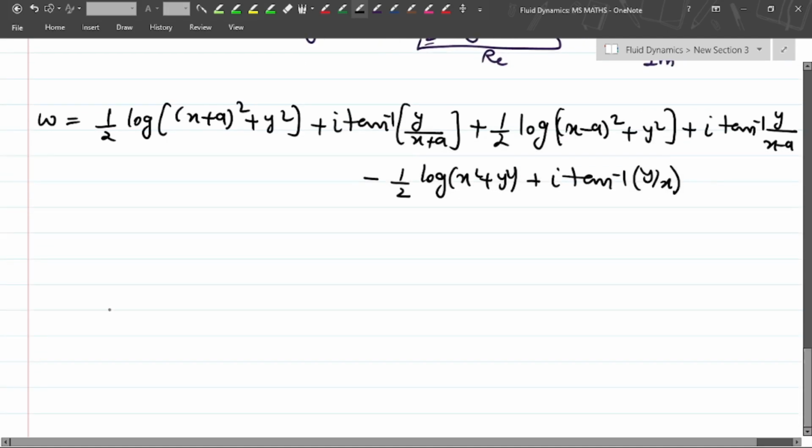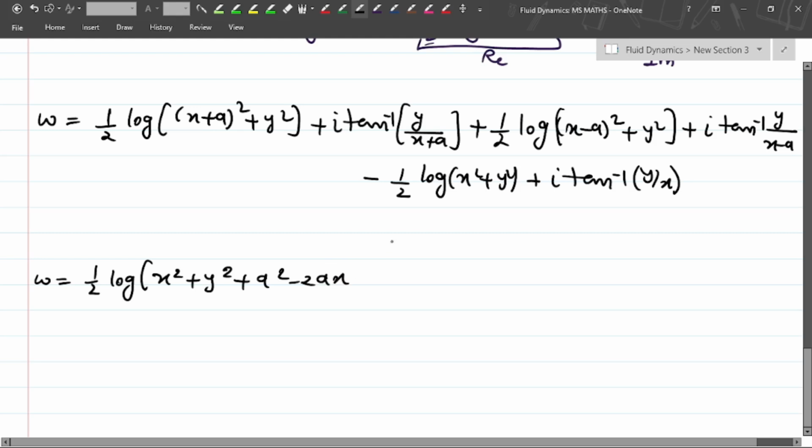So what we'll get? We'll get w equals 1 by 2 log of x square plus y square plus a square minus 2ax.